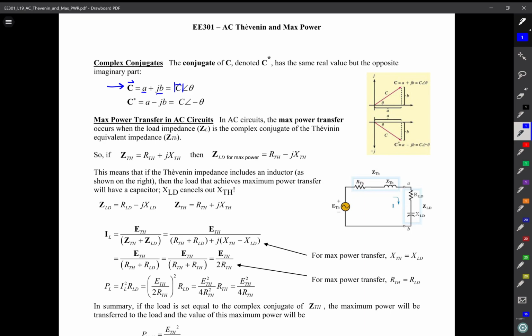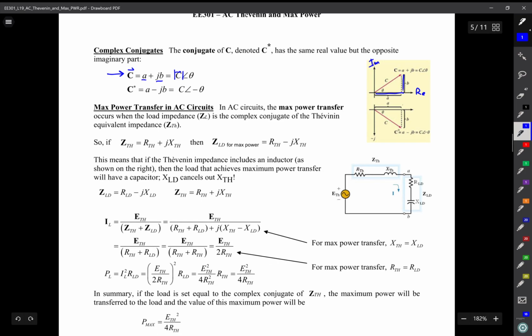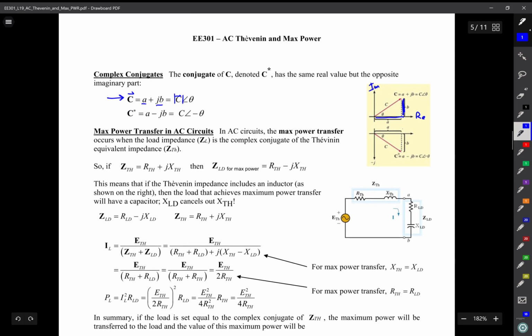If I were to draw this on the complex plane, my real axis is the x-axis and my imaginary axis is on the y side. I see that A in the real direction and B in the y direction, or the imaginary side, and the vector that's drawn is C from the origin.